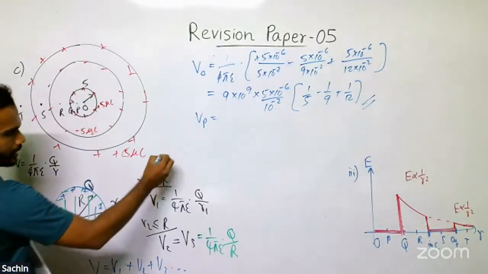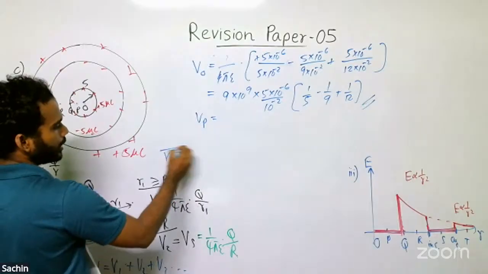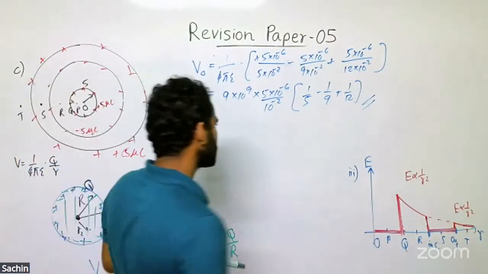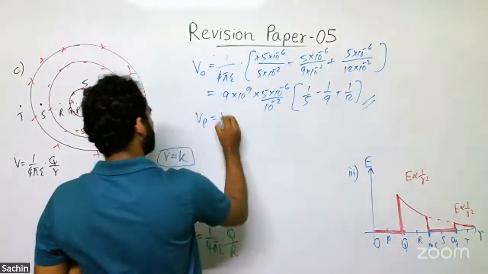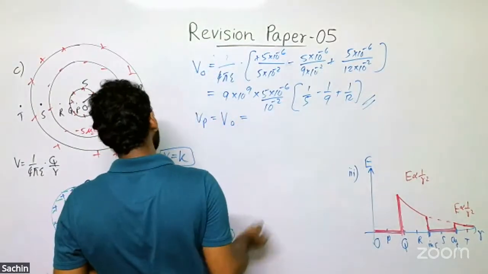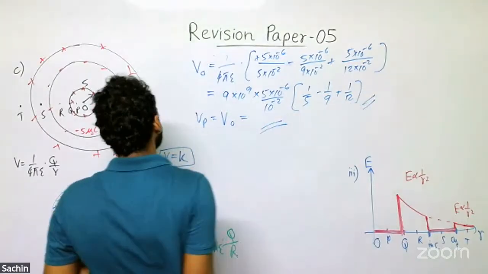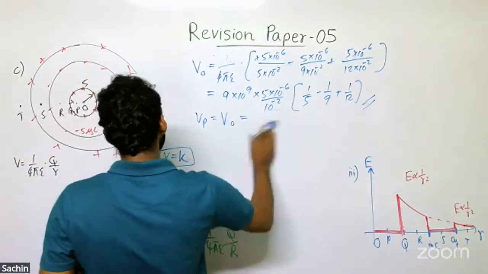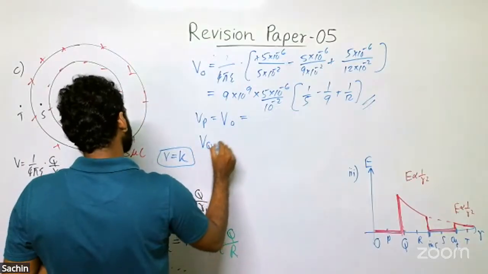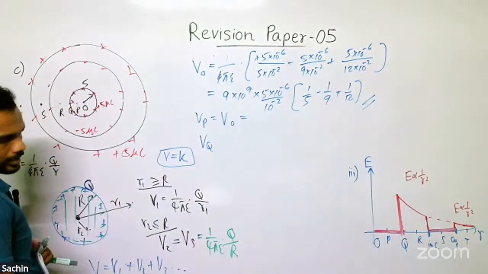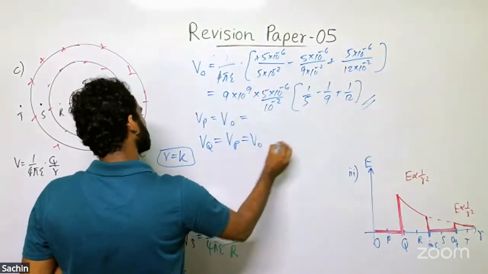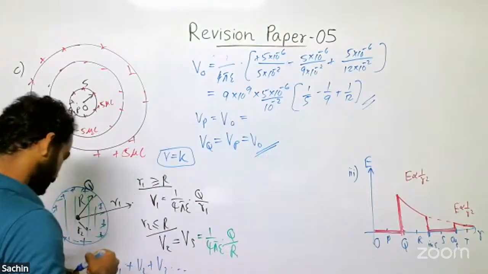We know the charges arrange so as to make the potential equal. So Vp should equal V0. That is the answer you obtained in the previous case. Again, no difference. If you consider Q as well, Q is also in the same conductor, so Vq should also be equal to Vp, that is equal to V1. Again, that is also solved.